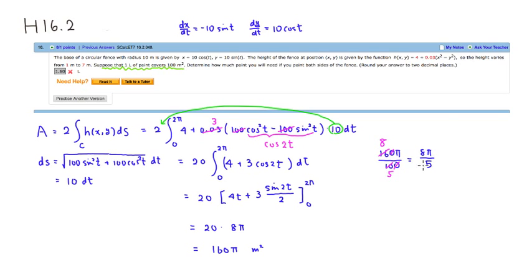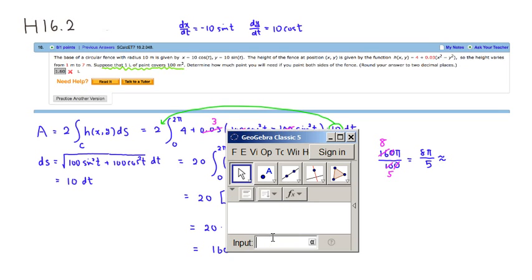So let's compute 8 pi over 5. I'm going to bring out GeoGebra. We need to compute 8 pi over 5. Hit enter.